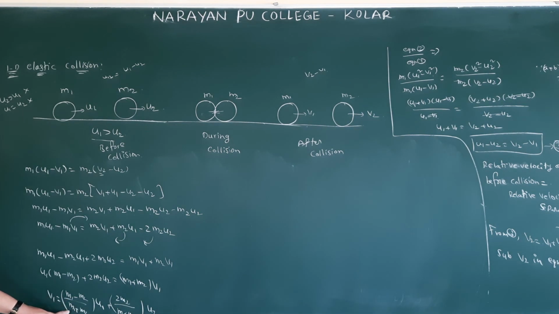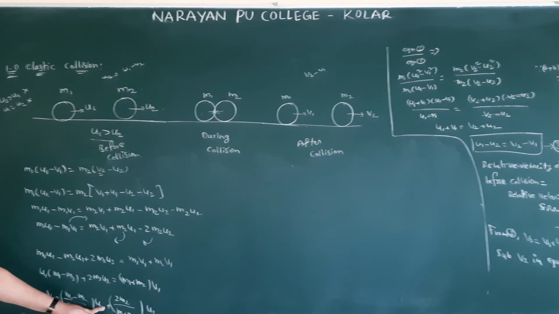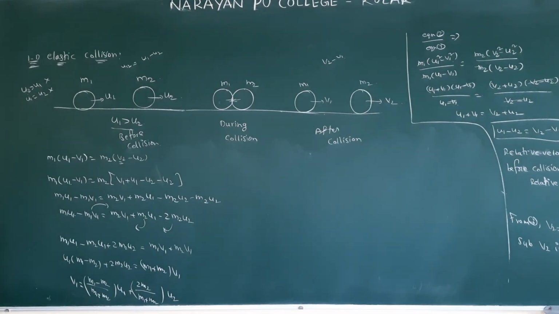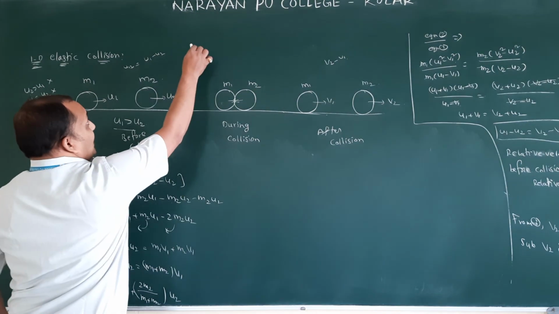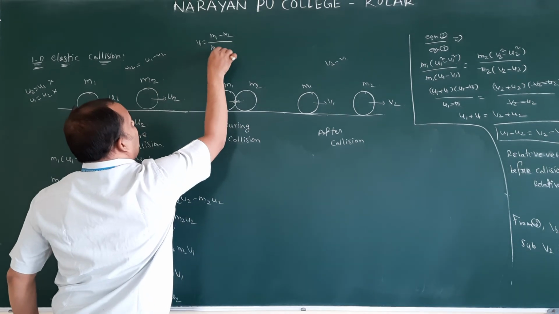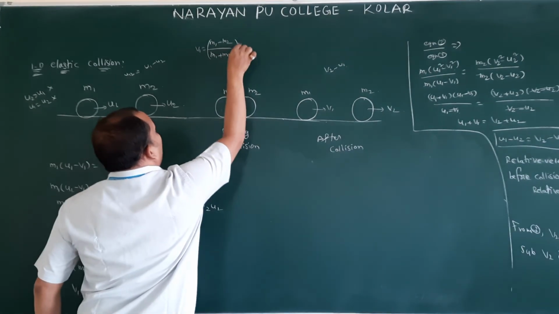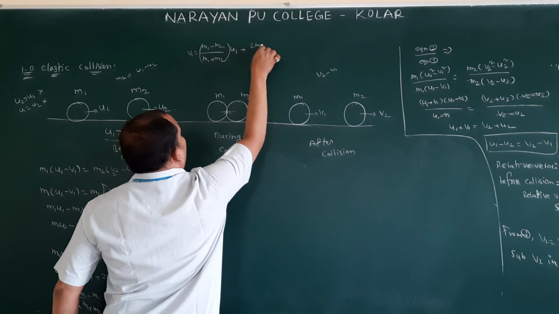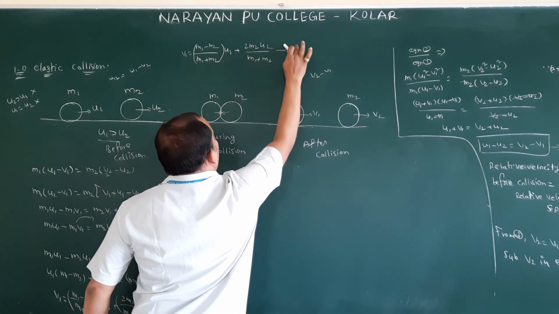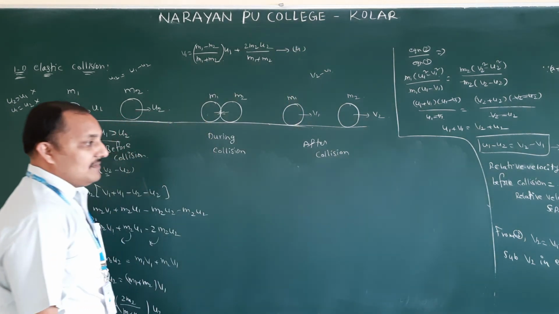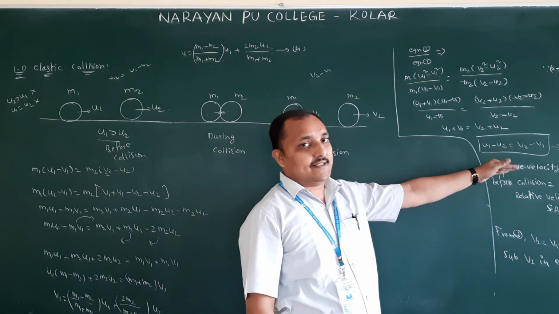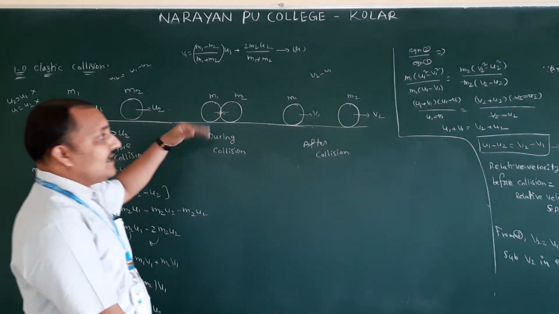Once again I am writing here because it may not be visible. Call it as equation number 4. So we have derived up to here, one question I said, but continuing this one is another 5 marks.